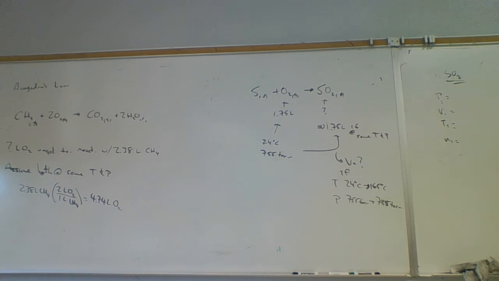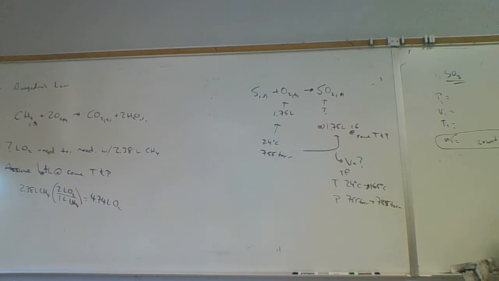And so the moles don't change. We didn't add or remove gas. And so this is a constant here, so we'll just get rid of it. In other words, we have this equation, P1 V1 over N1 T1 is equal to P2 V2 over N2 T2. If the moles don't change, then we'll just cancel it because of the same number.